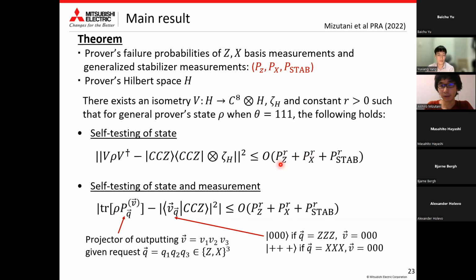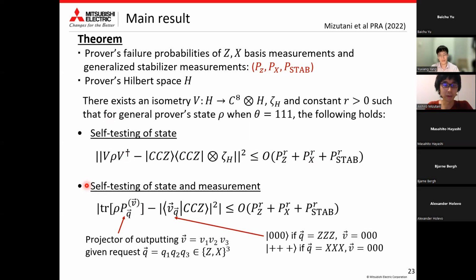And this probability P can be obtained by running the protocol many times. If the prover's behavior deviates more from the ideal behavior, then this probability gets larger, and hence this upper bound is also larger.